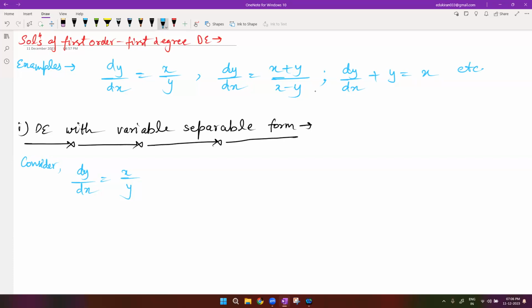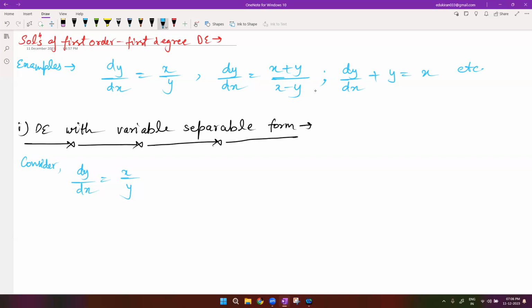Please listen to me again. We can easily integrate a differential equation if all the terms of y, whichever term has y, can be taken with dy, and if all the terms of x can be written with dx.